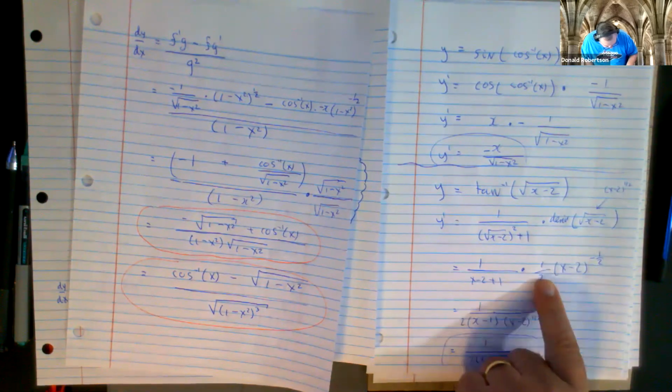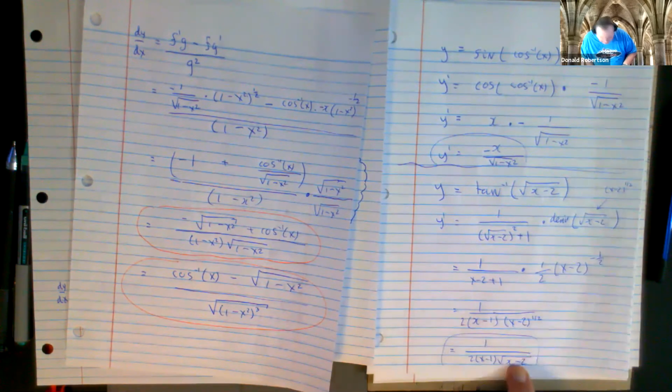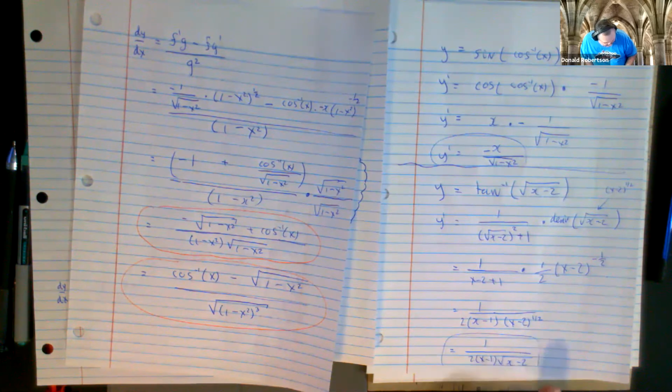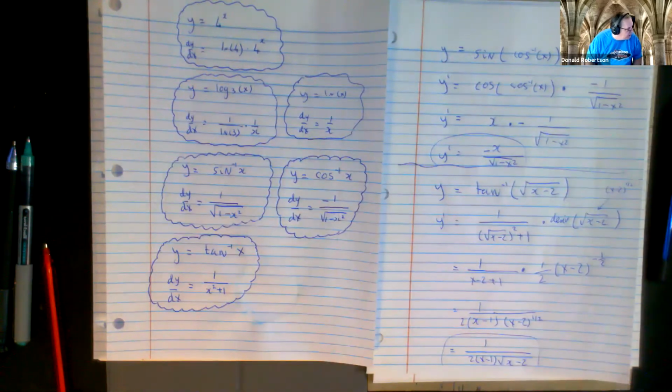This half generated the 2 that went there. This negative a half eventually gave me that square root. Inverse trig functions tend to generate ugly answers. Occasionally you can make it look a little bit prettier, but the chances are that most of them are going to be just messy and never really recover from that messiness.